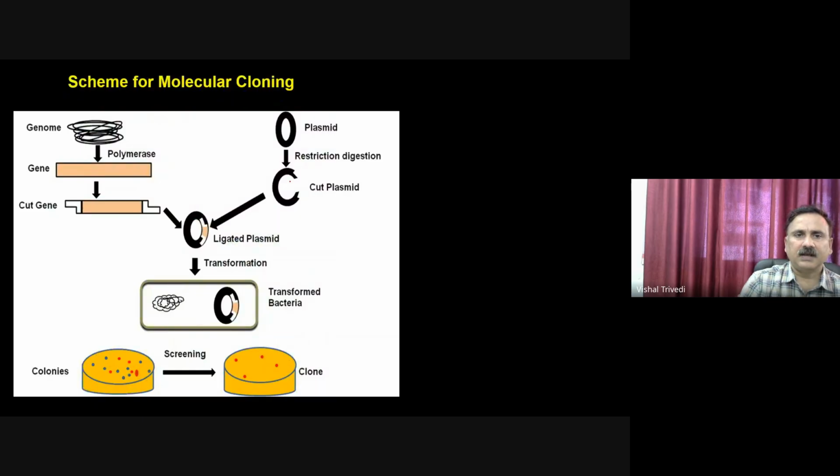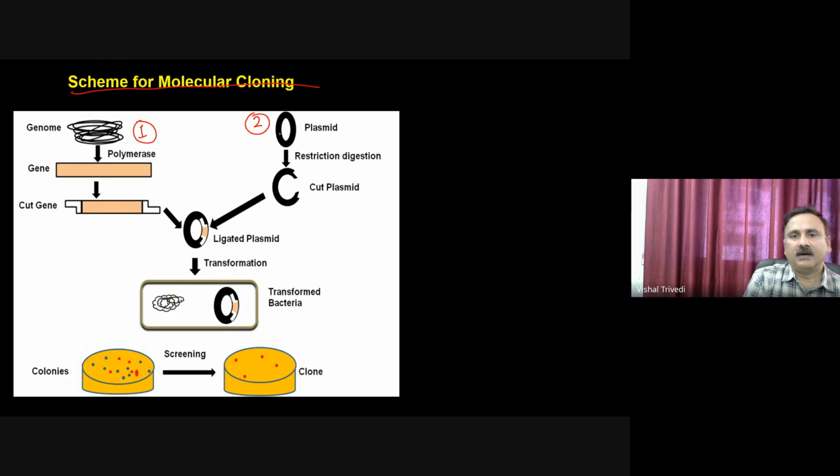So this I think we have already discussed, right? In this particular scheme of molecular cloning, two components are very important. One is this, from where you are going to extract the gene of your interest. It could be by genomic library preparations or cDNA library preparations, or you use PCR and get this particular fragment. And then the second is your transforming agents.